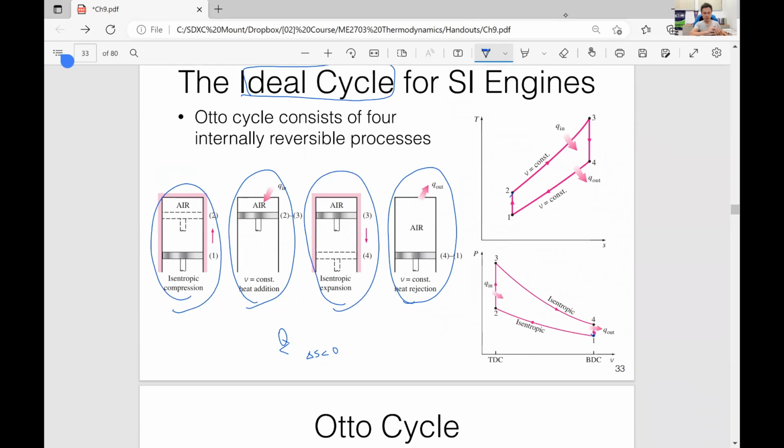Okay, it's ideal gas. Now we have constant specific heat, right? Under cold air standard assumption. Then these two processes are isentropic. So don't forget: ideal gas, constant specific heat, isentropic. We have three very useful equations to use, right?